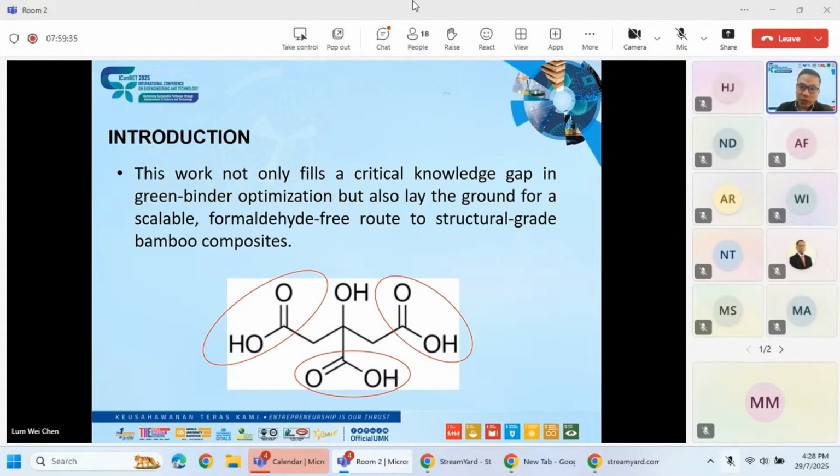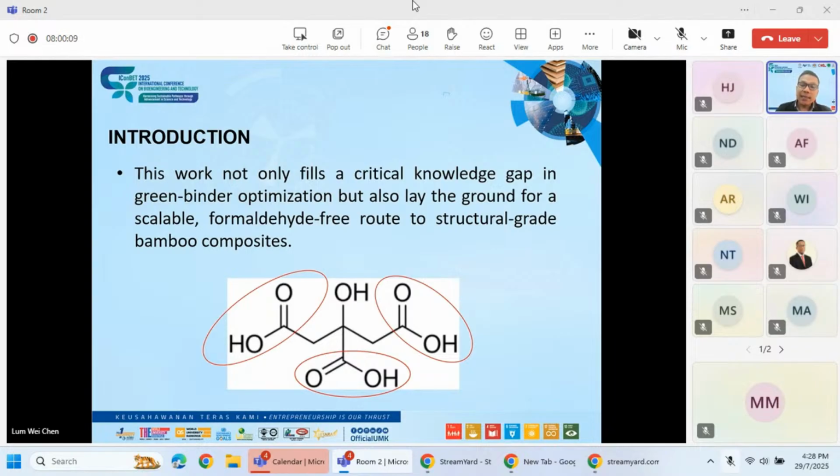All right. So this is the chemical structure of citric acid. As you can see here, citric acid has three functional groups which can bond with the lignocellulosic substrate. And why do we want to add gelatinized starch, not just use citric acid itself? Because, as you see here, the self-condensation of citric acid creates a very low polymerization degree of the polymer chain.